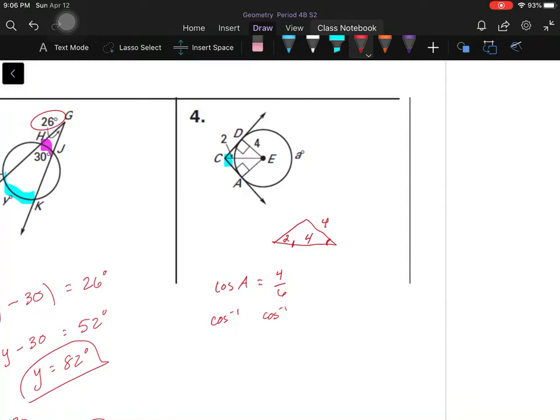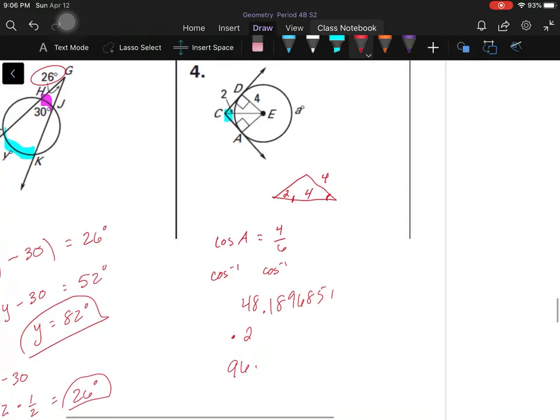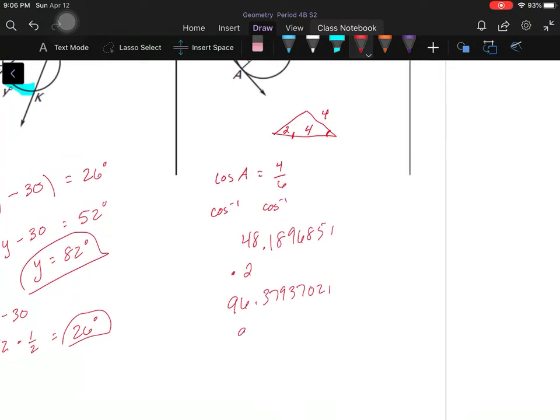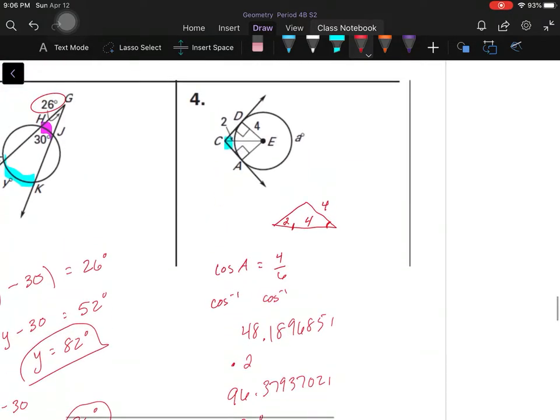So cosine inverse of 4 divided by 6 is going to be 48.1896851. Then, like we did before, if we double that to get that central angle, so if I multiply that times 2, that's going to be 96.379370021. If I round that to a whole number like on the previous problem, that's going to be 96 degrees.